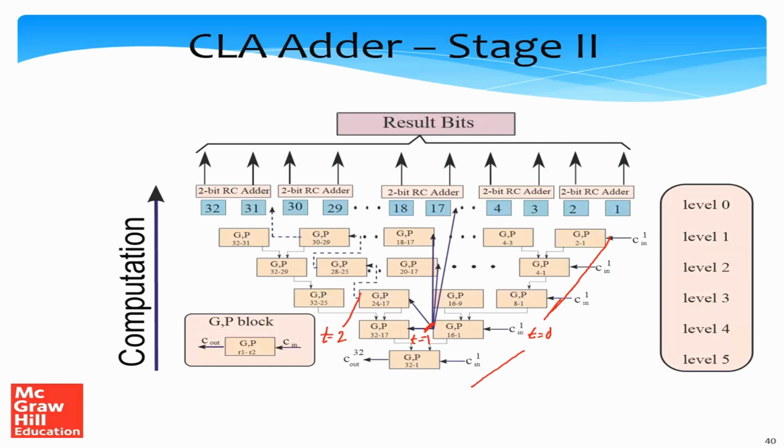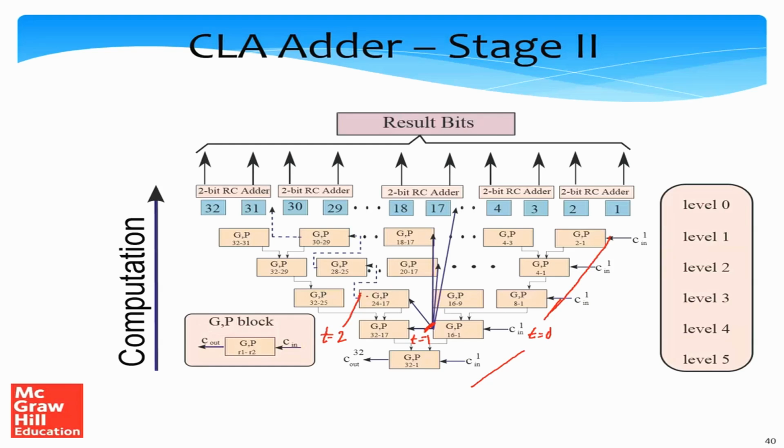Then at t equal to 2, we are at this point where we know the carry out of the 24th bit pair. So this GP block is connected to all the other blocks, and always we will connect something which is higher on the screen and whose level is lower. So that's the way that we'll proceed.